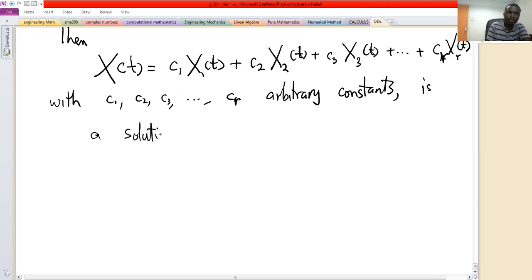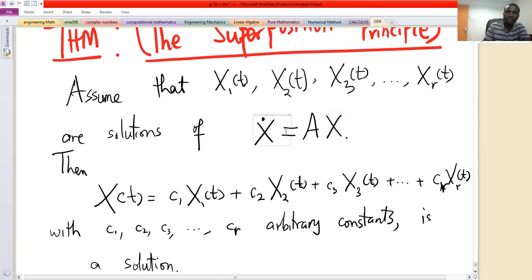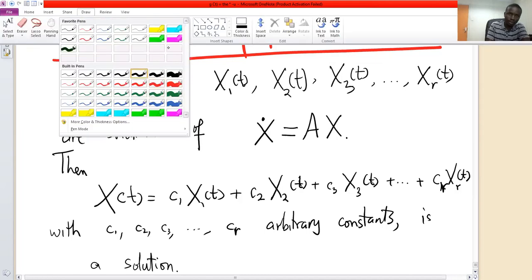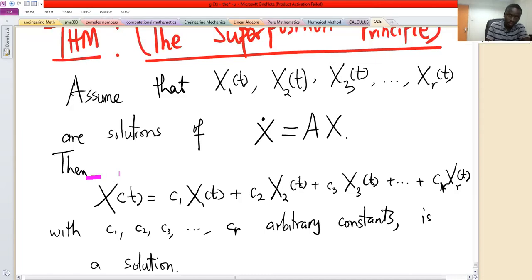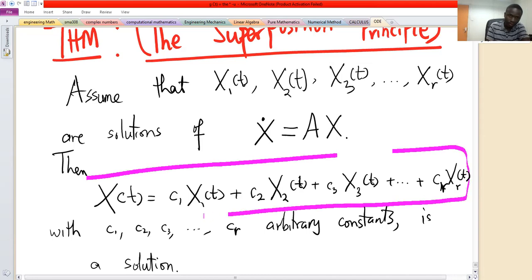So this is what we mean: if x1 is a solution to this differential equation, x2 a solution, up to x r a solution, then a linear combination of all those solutions is still a solution of the differential equation x dot equals A x.